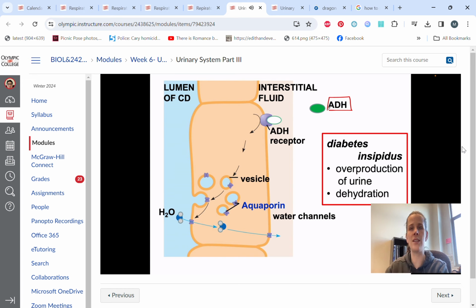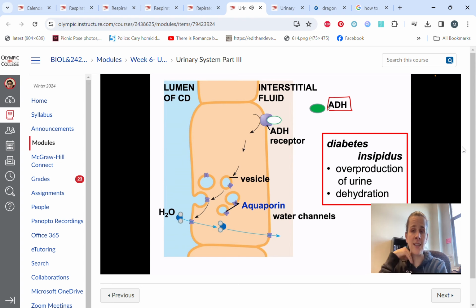They've saturated the system. So then the glucose will end up in the filtrate and in the urine. And you pee out glucose, which is why you have sweet urine when you have diabetes mellitus. Okay, so that's diabetes mellitus.